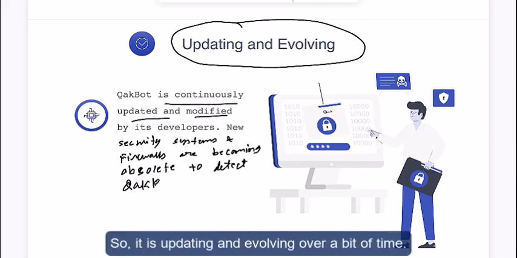So it is updating and evolving over a period of time.